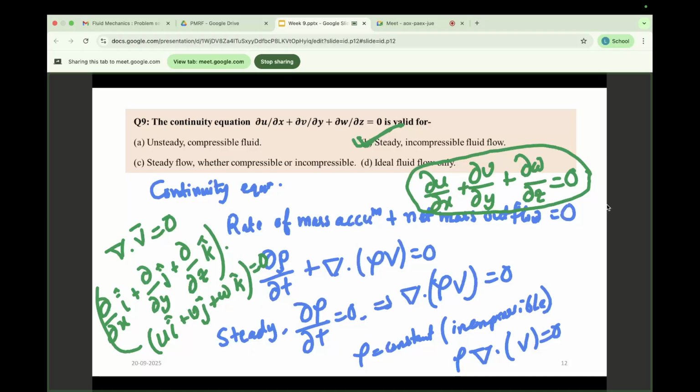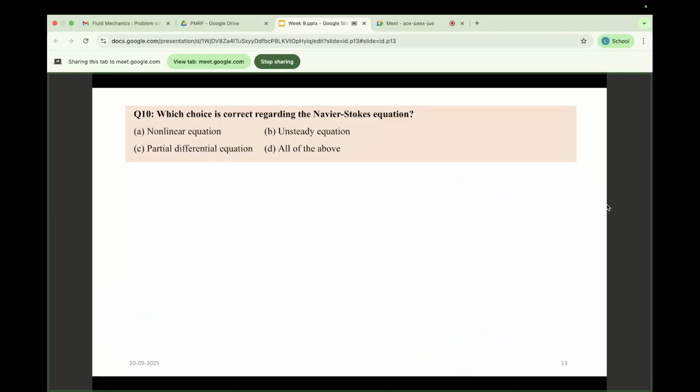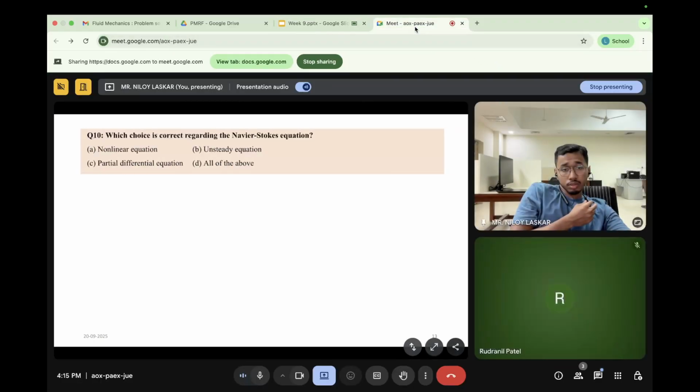So I am now moving to the next question. Can I move to the next question? Okay, I'm moving to the next question. Please try to answer this question. It's about the Navier-Stokes equation, which is also known as the momentum equation. Please try to answer this one.